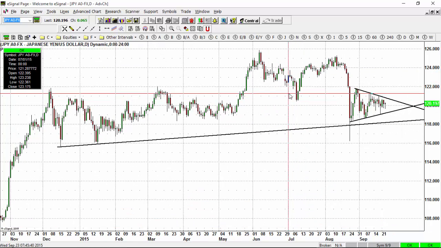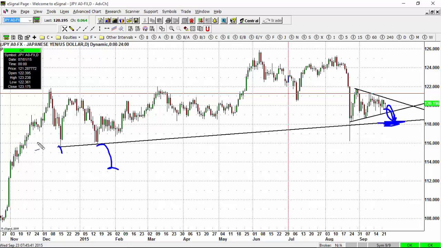Please keep in mind that the Japanese yen also has a long-term uptrend line that has been hit once, twice, and if it breaks to the downside, it could test this trend line again at the 118 level. So that's something you should keep an eye out on if you decide to short this market.